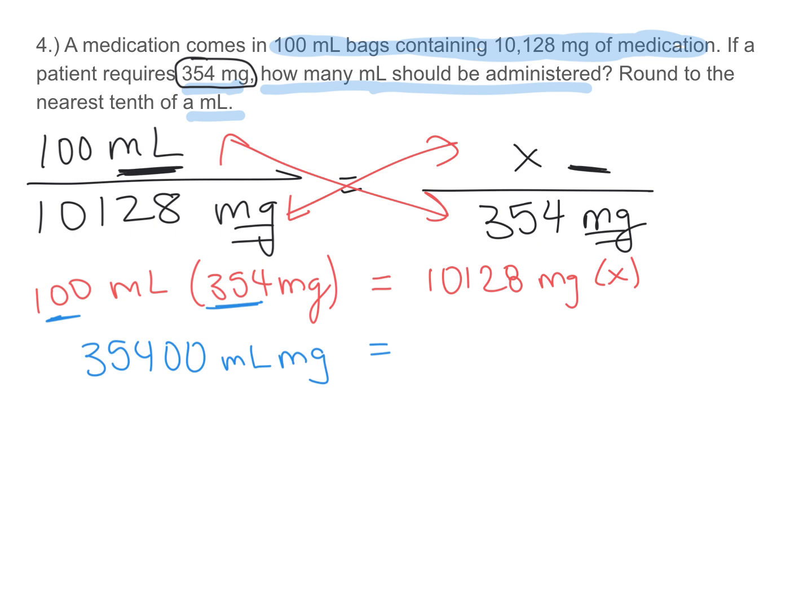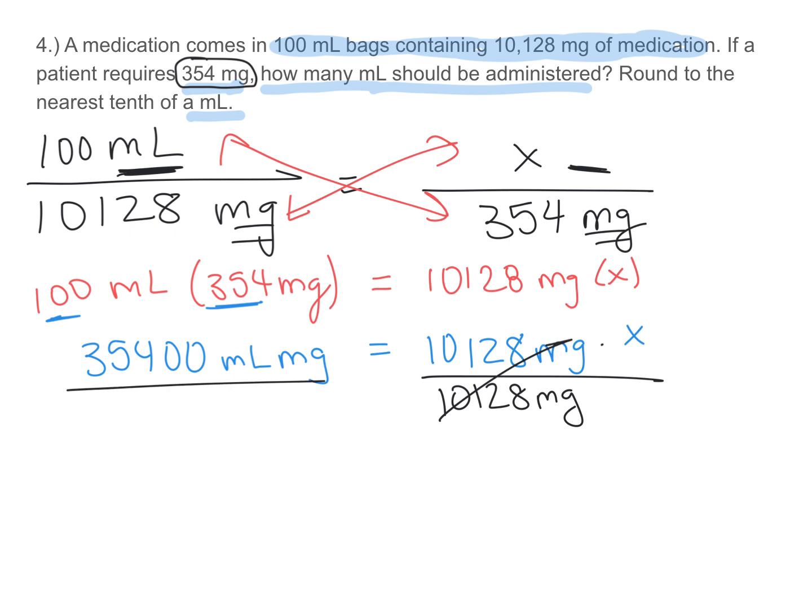And then over here, I have 10,128 milligrams times X. I need to get X by itself. So I need to divide because this is multiplication. So I'm going to divide both sides by 10,128. Notice the milligrams do cancel out, and you know what? I think I accidentally added a number here. I'm sorry about that. Let me fix that. Okay, that's 1,128. There we go.